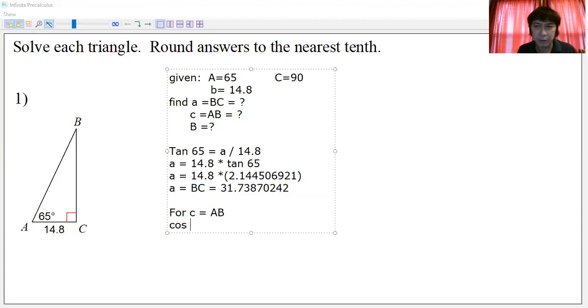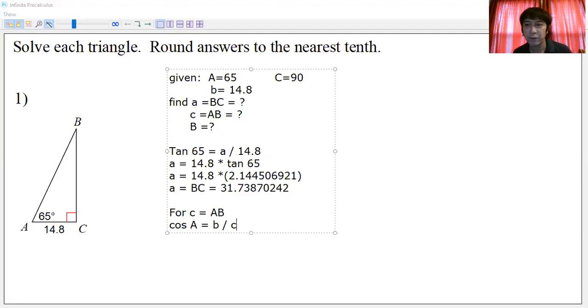Let's write the formula first. Cosine of A is equal to side, we shall be familiar with the small letters, side small b divided by the side c there.